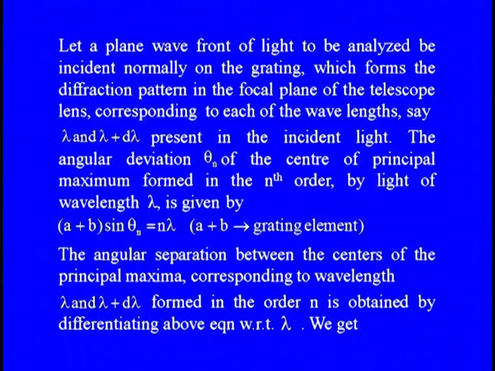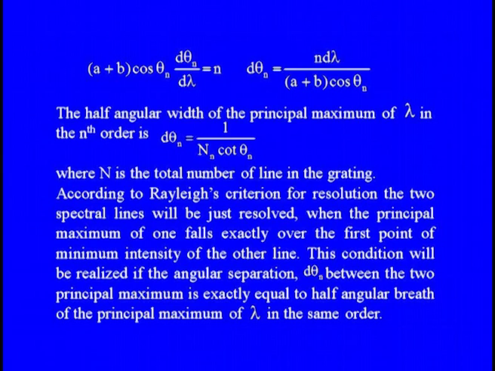The angular separation between the centers of the principal maxima corresponding to wavelength lambda and lambda plus d lambda formed in the order n is obtained by differentiating the above equation with respect to lambda. So, we get (a plus b) cos theta n d theta n by d lambda is equal to n, or d theta n is equal to n d lambda divided by (a plus b) cos theta n.